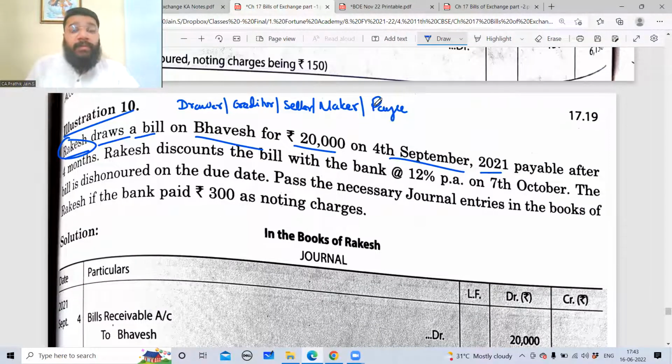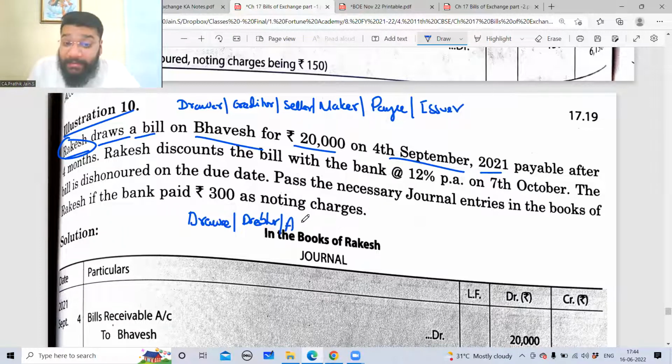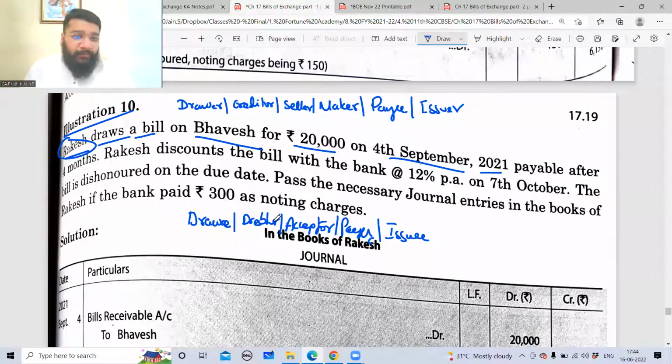If he is the receiver of money, then endorser if he is endorsing it. Issuer. Clear? And Bhavesh is drawee, debtor, acceptor, because in bills of exchange, accepting is a must. Then payer, because he is the person only going to pay. Issuee. Clear with these terms? This is important from true and false perspective.